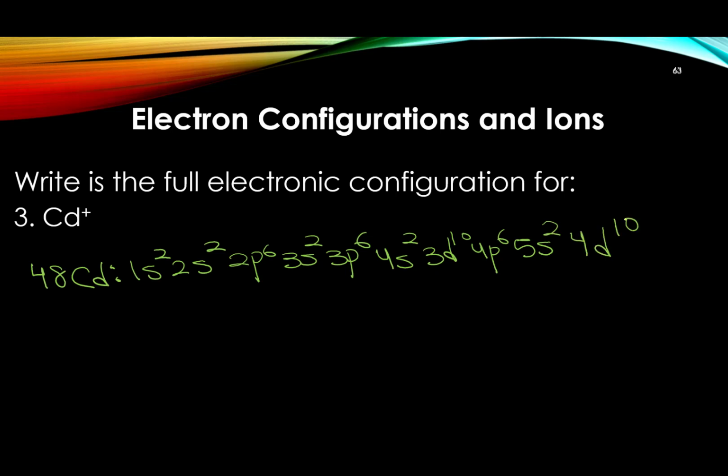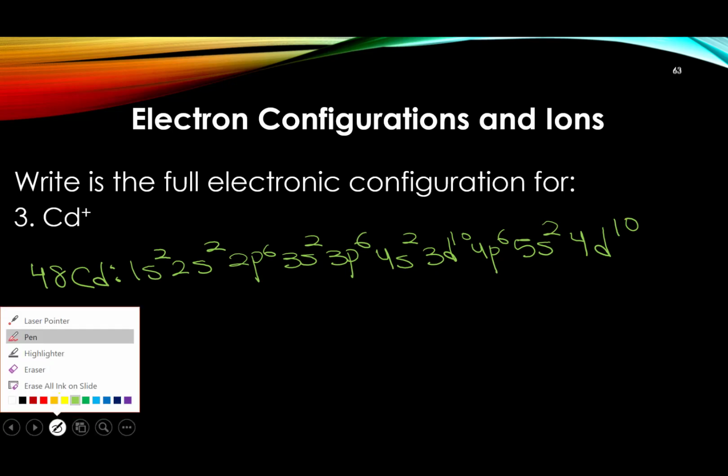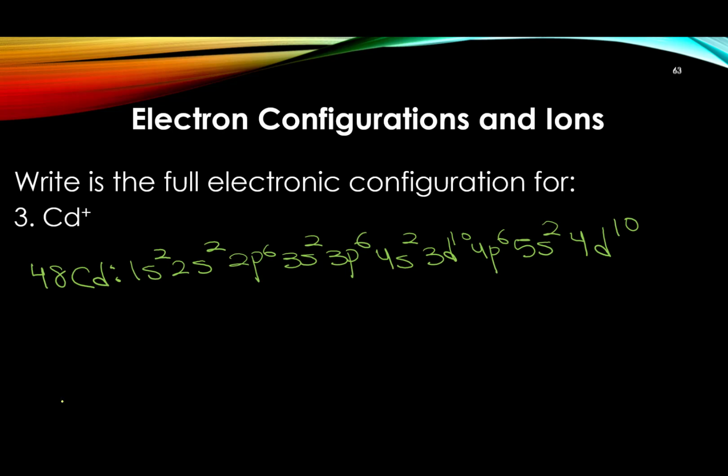This is the electronic configuration for the cadmium atom itself. Once you write the electronic configuration, look for the valence shell. The valence shell is the one with the highest principal energy level. This is your valence shell.